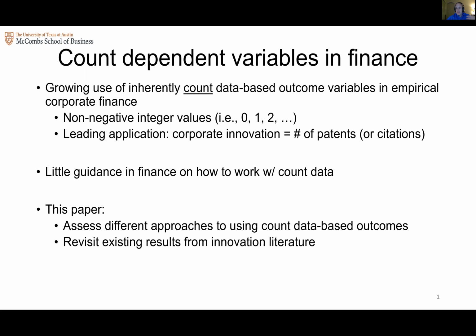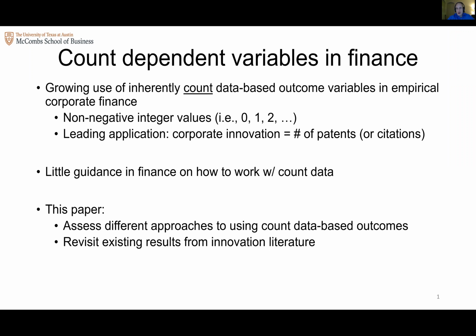The leading application, at least in corporate finance, is using patent data, where people will regress some measure of the number of patents on some covariates in trying to say something about how different economic forces affect innovation. So patents are a stand-in for innovation in that sense. Or patent citations are also used as another count variable in these types of applications.